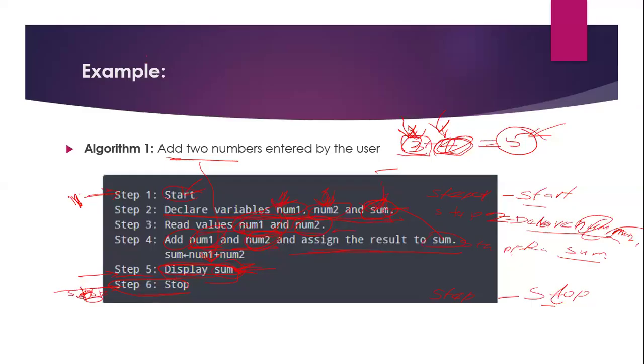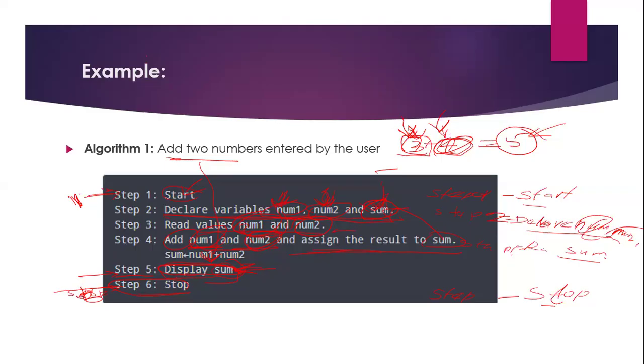I think now you have an understanding of this algorithm part. Okay, this is how we can write an algorithm. So if someone asks whether there must be these 6 steps for all algorithms, we cannot say that, because there can be some problems with fewer than these 6 steps.